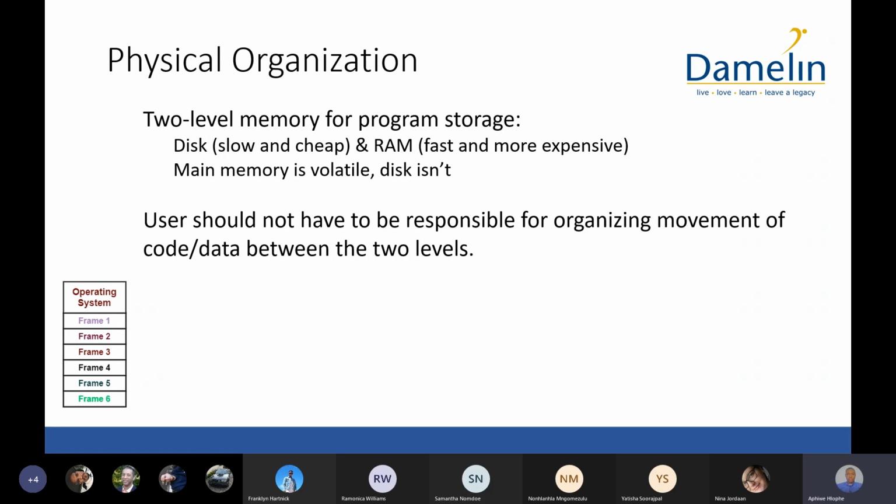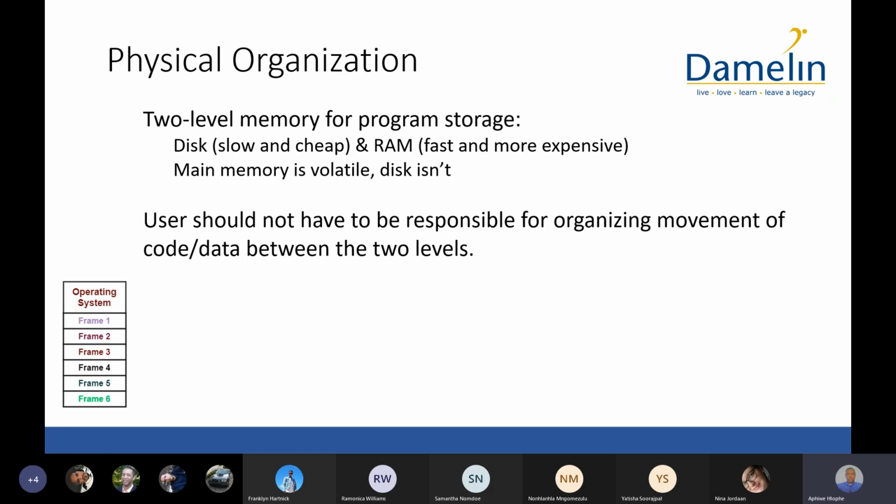And then we have physical organization, which speaks to the fact that there is physical two-level memory of a program storage, which is physically the disk or the hard drive, and also physically the RAM. They say that disk is slow and cheaper because it was made to accommodate bigger capacity or space, so it's going to be slower. And RAM is faster and more expensive.